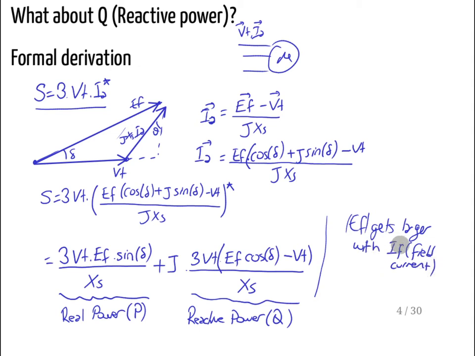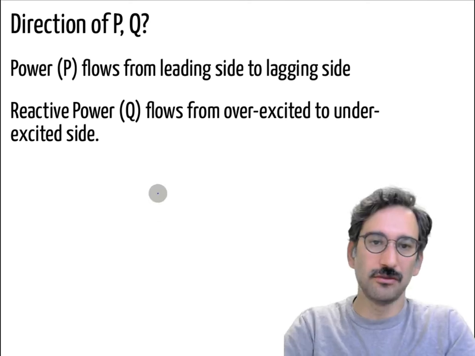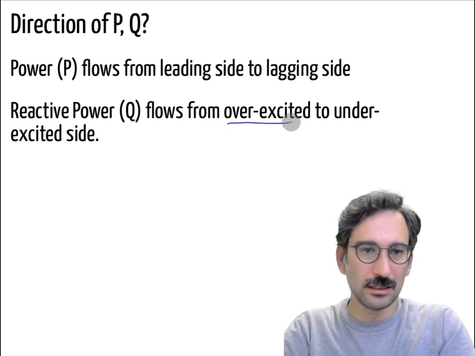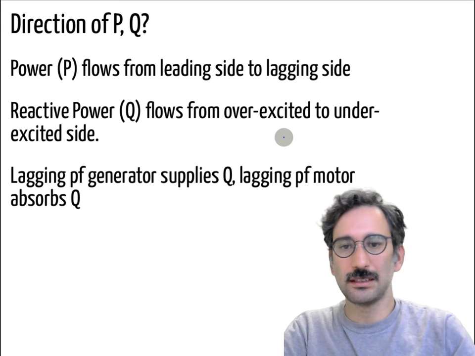Okay, so that means if the field current is large enough, then the magnitude of EF will be large enough, so that will result in some reactive power flow from overexcited, so in other words IF is large, to the underexcited side.